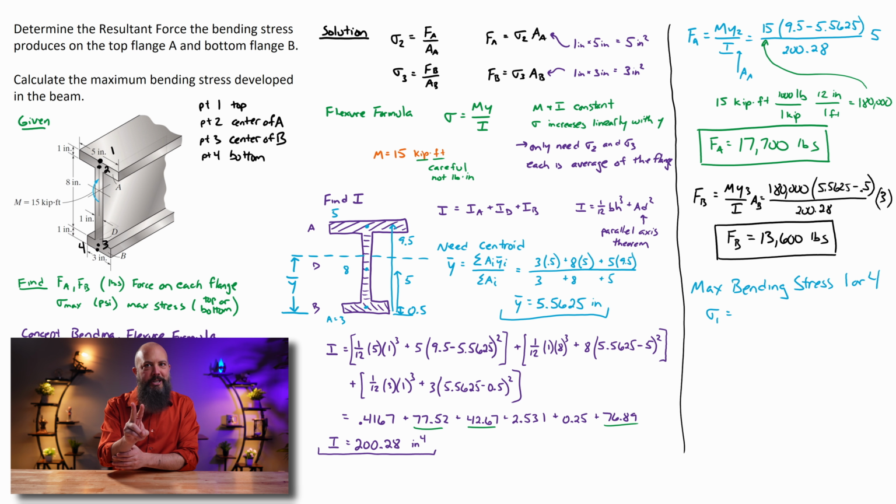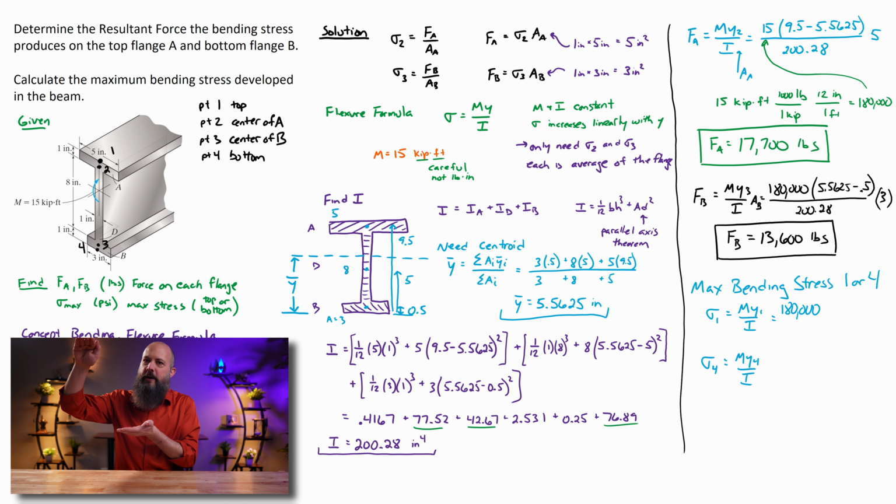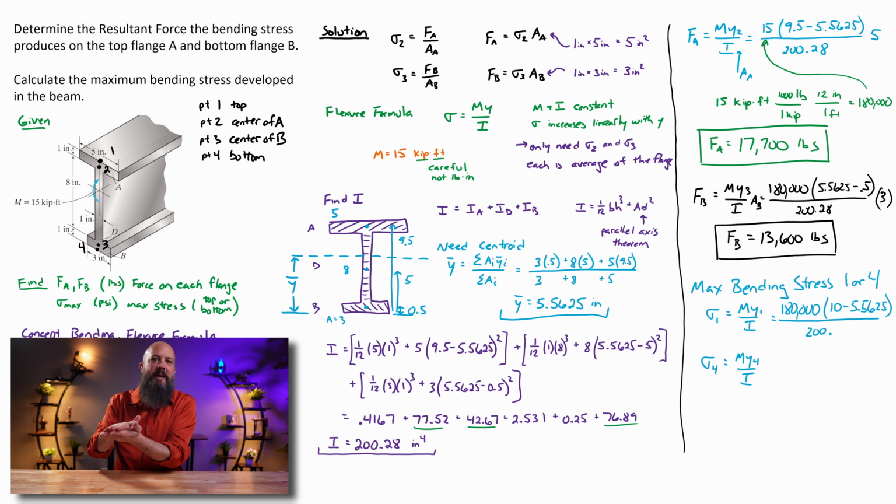The moment of inertia is the same everywhere. The only variable that changes is y. Y gets larger the further away from the neutral axis you get, the further away from the centroid. So it'll either be very top or very bottom. And since we already know that the centroid is closer to the top because there's more area on the top, we can already predict that the maximum bending stress is going to be at the very bottom.